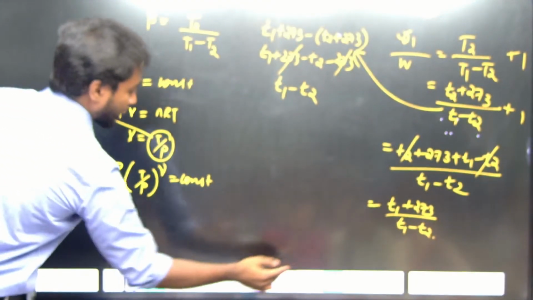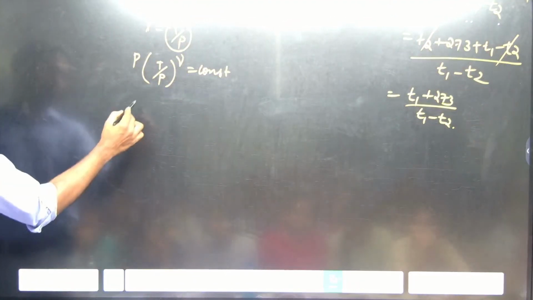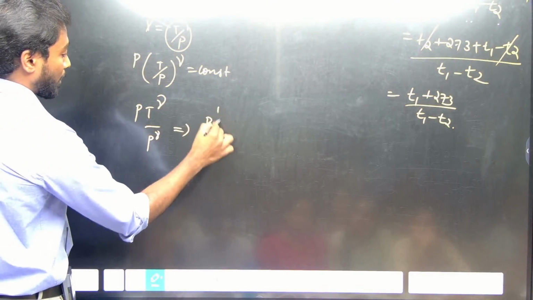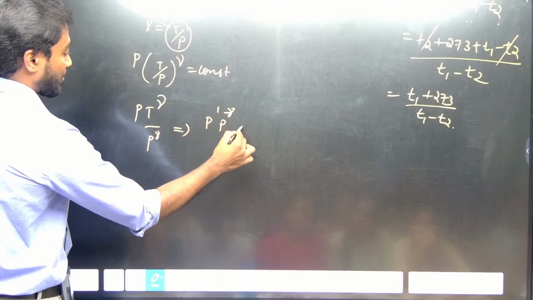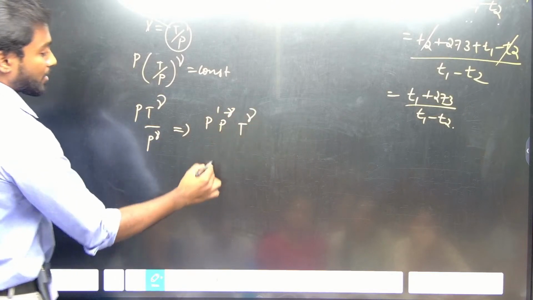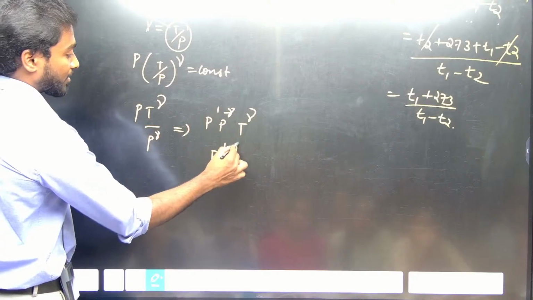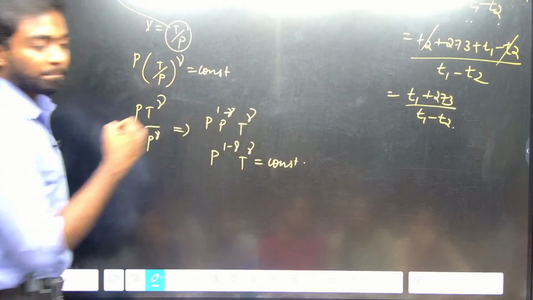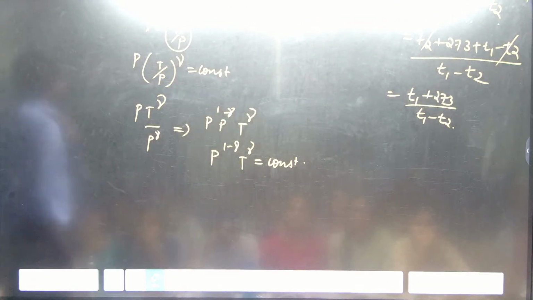So P into (T by P) power gamma will be equal to constant. So I can expand this: P T power gamma by P power gamma, and I can rewrite this as P power 1, P power minus gamma, T power gamma. So P power 1 minus gamma T power gamma is equal to constant. Correct, no?